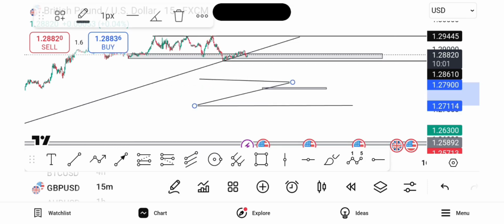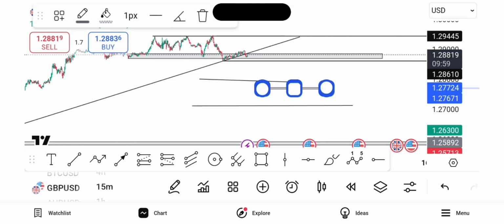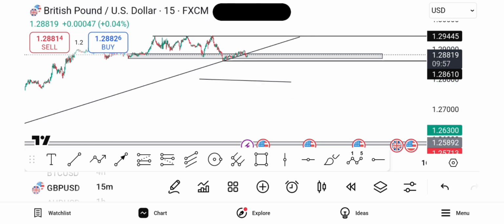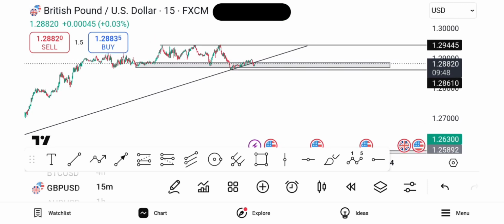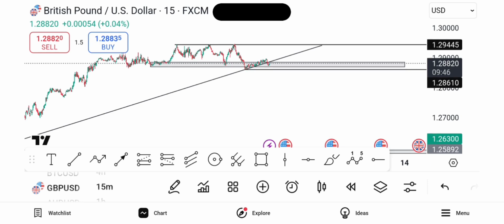Wait for the right time, don't rush for entry, because as a trader you probably have a trade plan. Every trader has a trade plan, so follow your trade plan and you will see everything working smoothly for you.